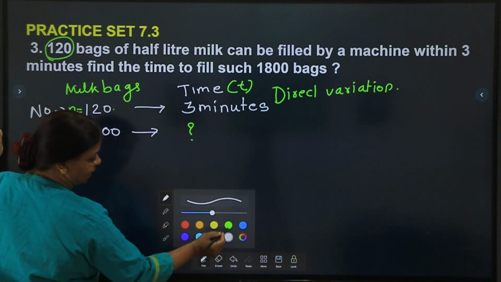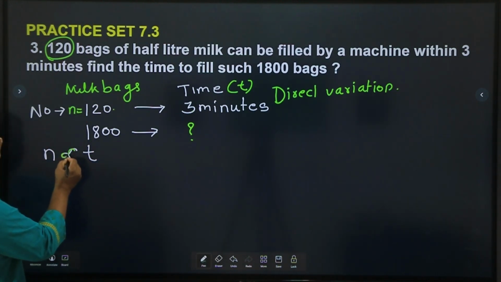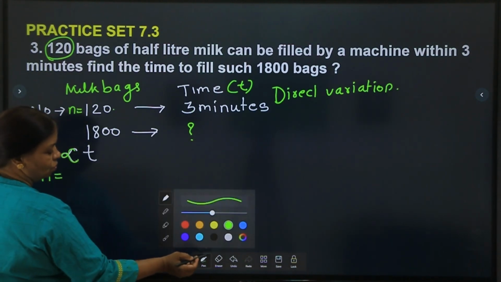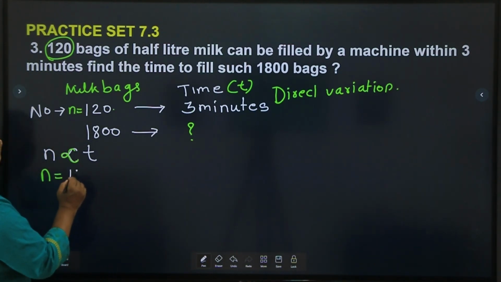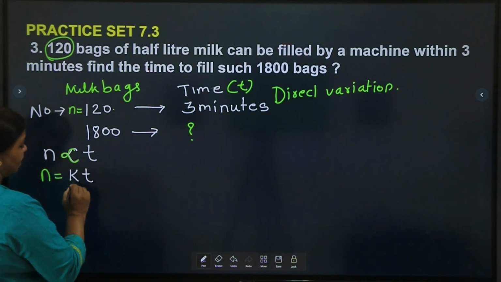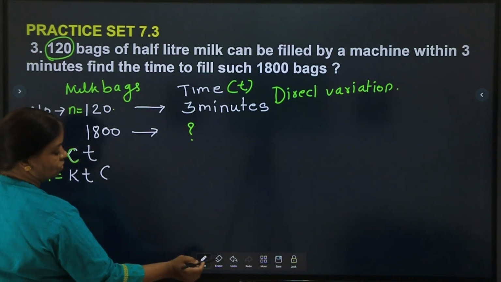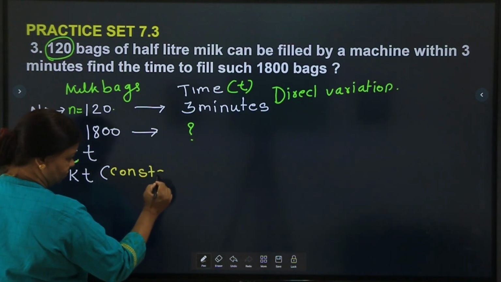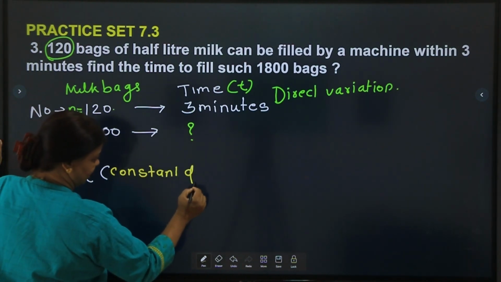Now as usual I am telling you, first thing you will do is remove the variation sign. So n is equal to k into t, and what is k? Constant of variation.